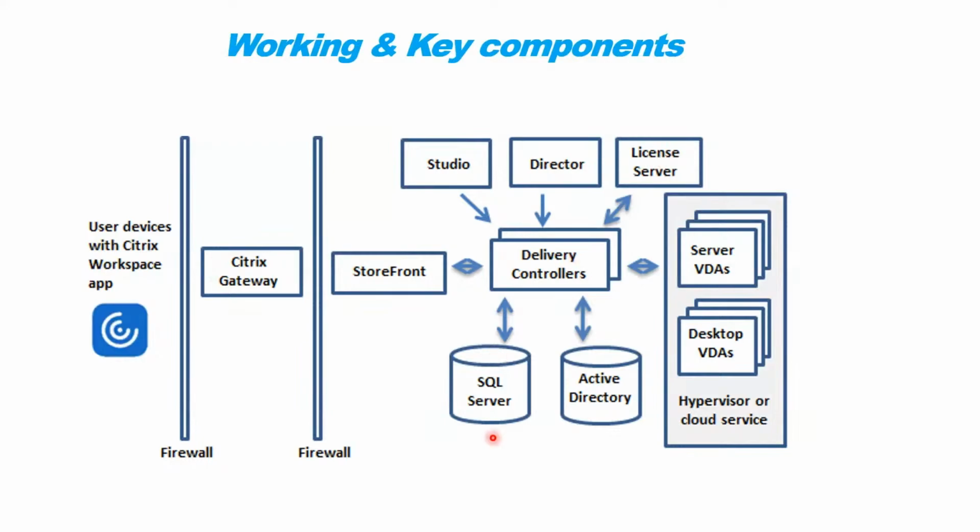SQL server is for the database. Active Directory server is to manage user accounts and computers. And this is the hypervisor on which the entire infra will be hosted, like the application or the servers or your desktop, whatever we have to publish to the end user, each and everything we will host on the hypervisor only.